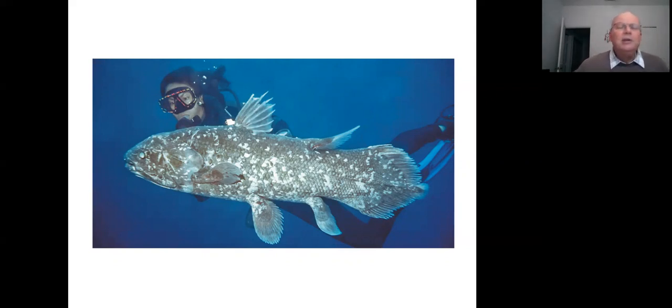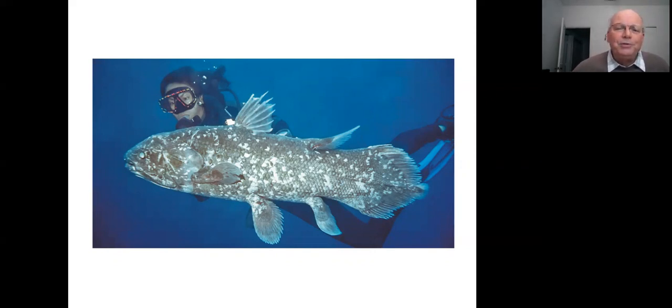But then in 1938, a dead coelacanth was found on the deck of a fishing trawler based in East London on the east coast of South Africa. And of course, if you've got a dead coelacanth, somewhere there must be living coelacanths.